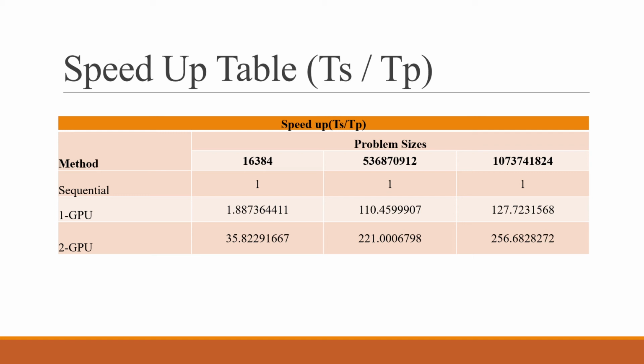If you look at the largest dataset, 1 billion data elements, the speed up of 2 GPU is 256 times faster than your sequential program, and it's nearly 2 times faster than your 1 GPU implementation.